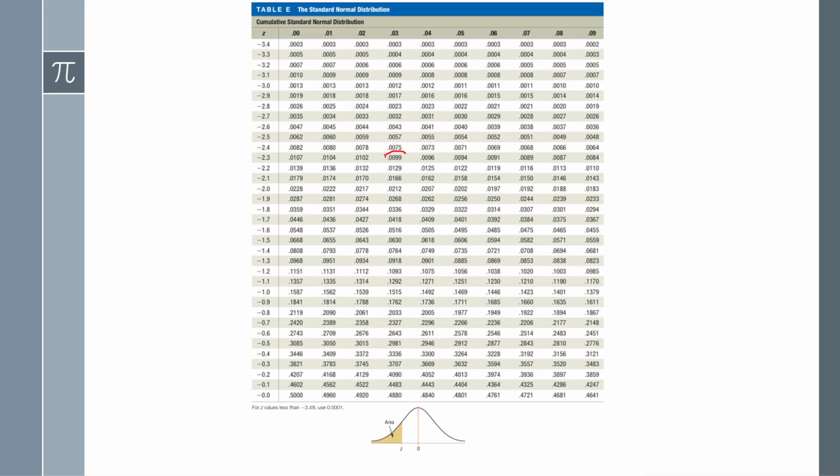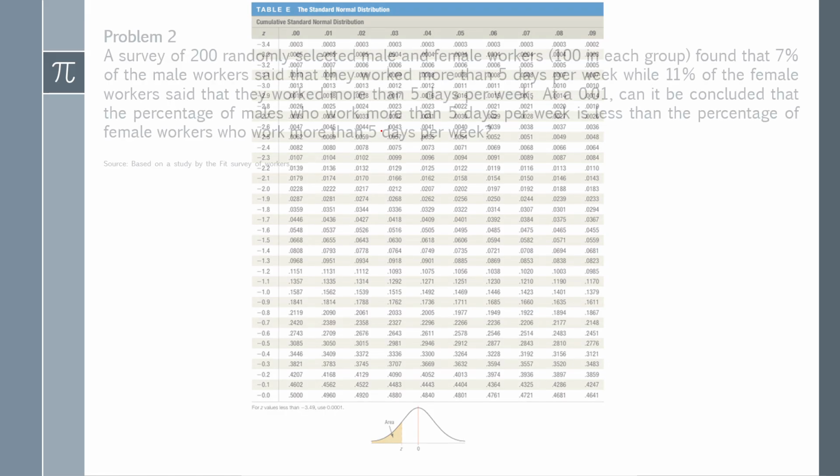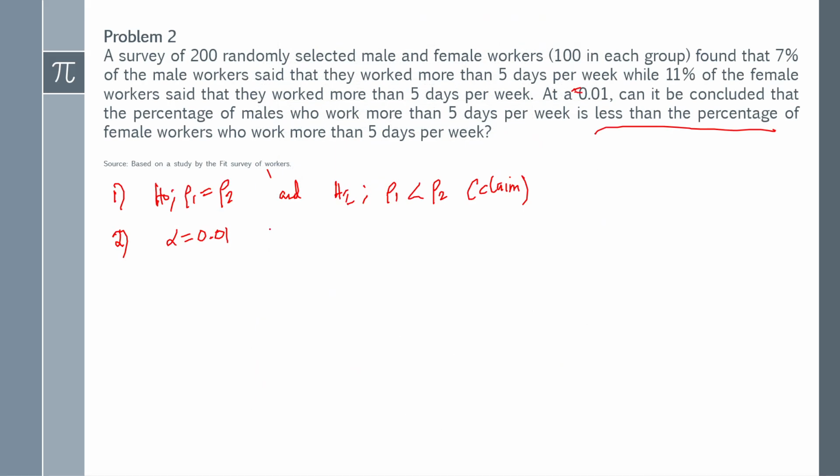So here, the closest one is this one, 0.0099. So we have to use this as the closest one. So therefore, this is negative 2.33. So our critical value at 0.01 is negative 2.33.